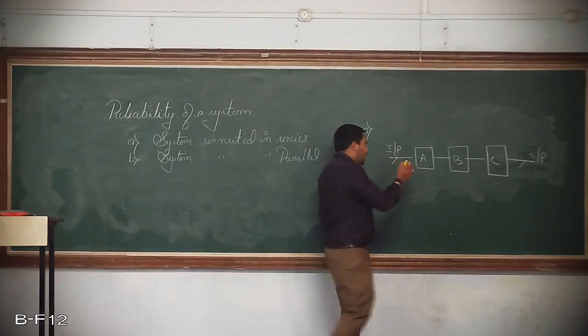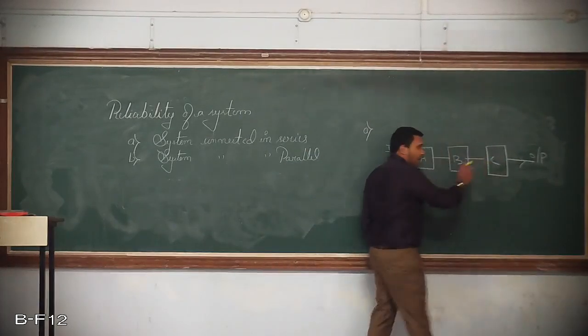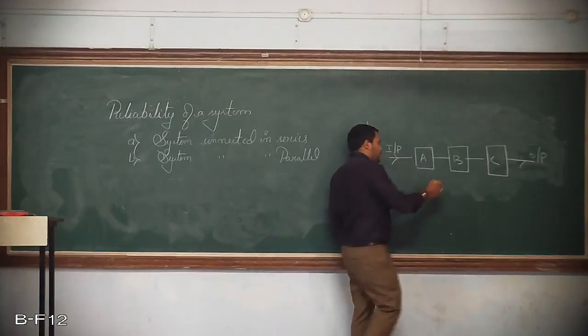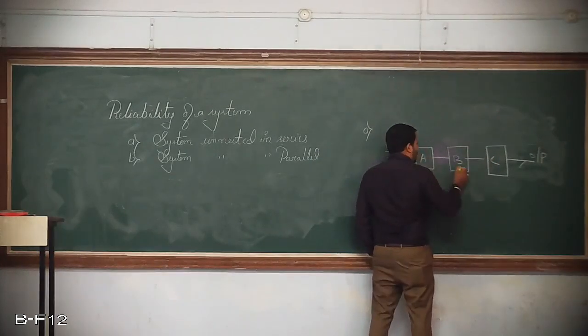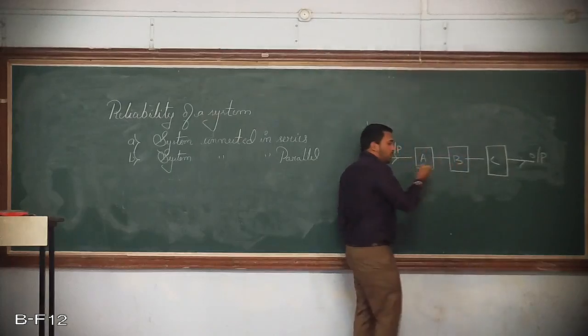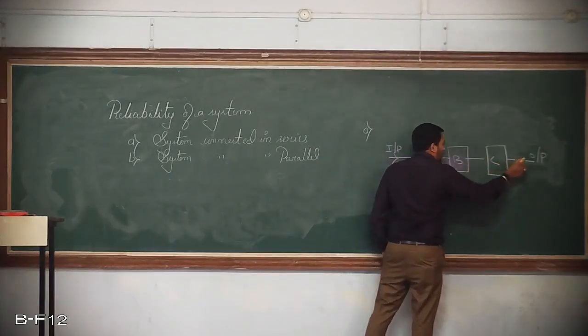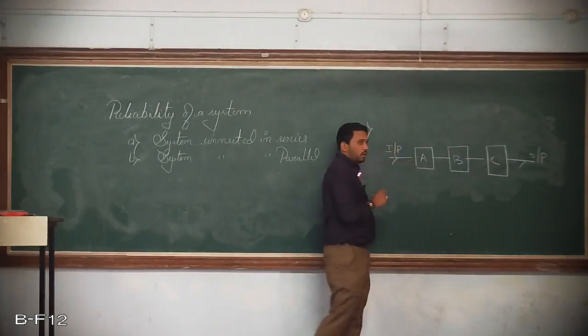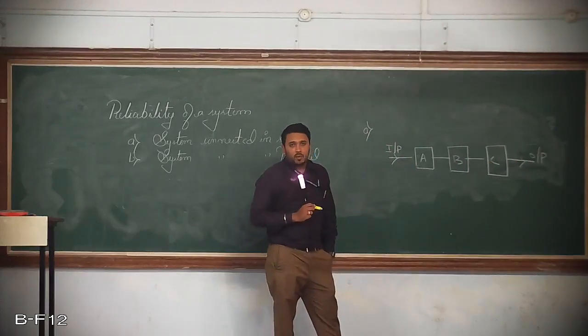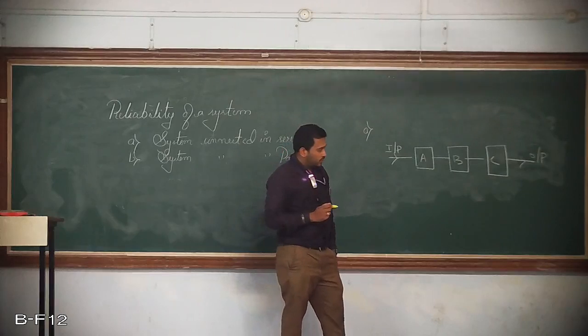That means all the parts must be reliable. If any one of the parts fails, suppose I consider B fails while operating, then we are not going to get any output from the input signal in this system when the parts are connected in series.